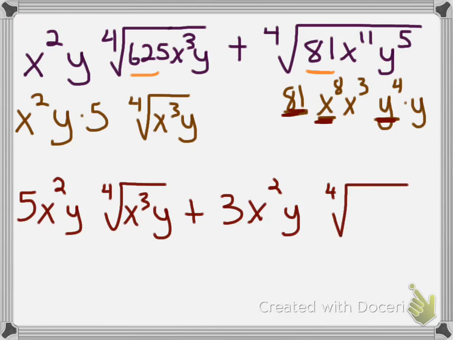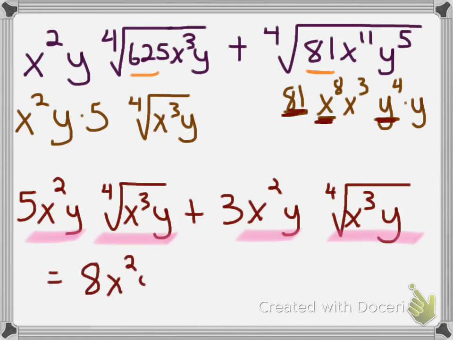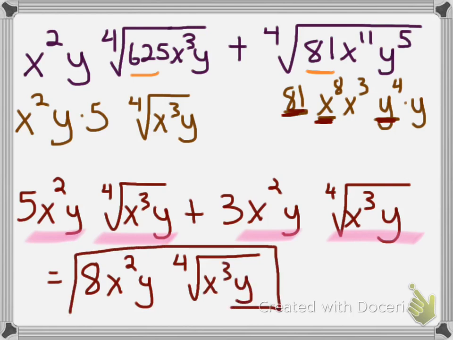And then the things you don't know were the x cubed and the y, so they stay underneath the radical. And then now you can notice that they are in fact like radicals, and they also are like terms. They both have the x squared y, and then they both have the fourth root of x cubed y. So those can be combined. 5 plus 3 gives me 8. The x squared y stays the same, and the fourth root of x cubed y stays the same. Ta-da!